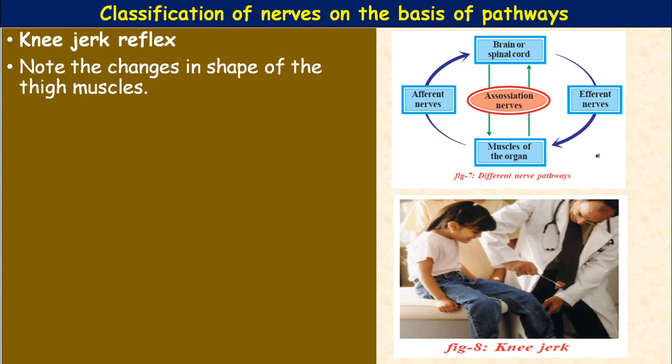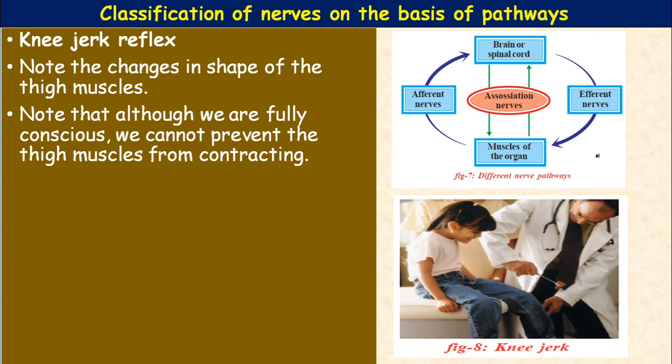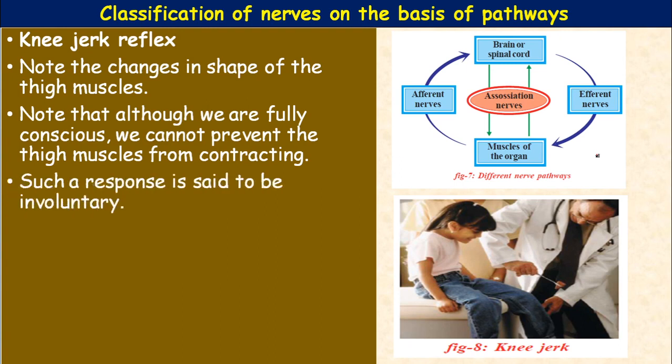Note the changes in the shape of the thigh muscles. You can note that although we are fully conscious, we cannot prevent the thigh muscles from contracting. Due to the jerk, the thigh muscles contract. Actually, the thigh muscles are voluntary muscles, under our control, but here they contract without control. Such a response is said to be involuntary.